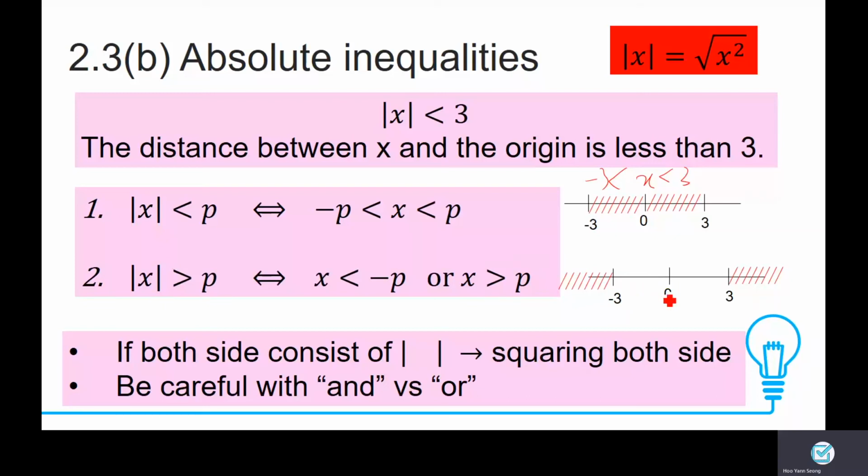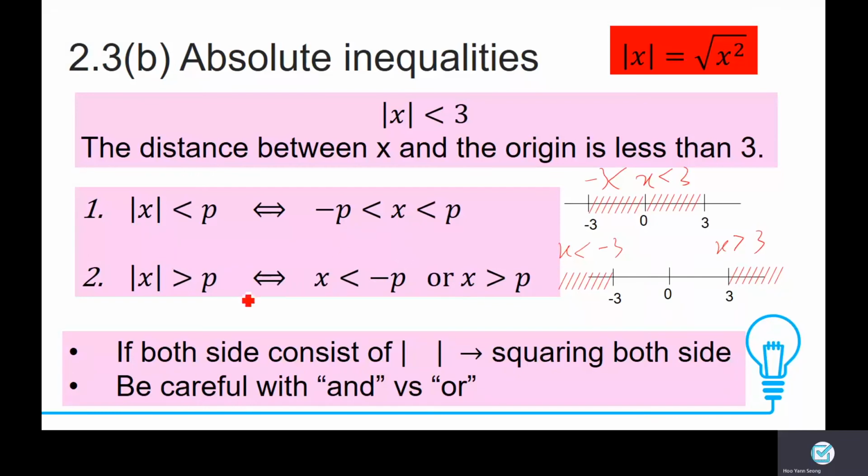The distance from 0 to the negative side, which is greater than 3, is this shaded red side. So we have this and this. This one is x greater than 3, and this is x less than negative 3. Generally, when we say absolute x greater than p, either you have x greater than p or x less than negative p. These two are the formal definition.